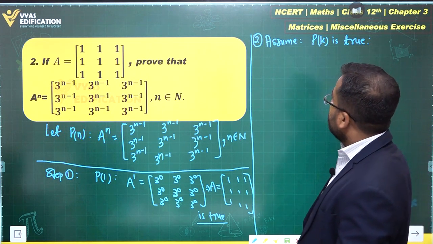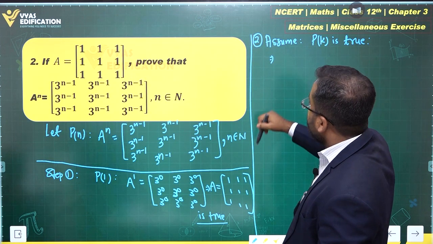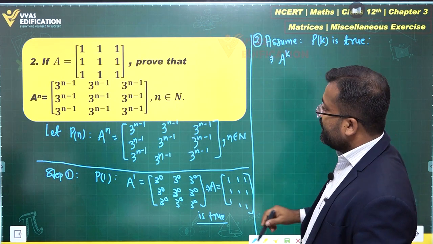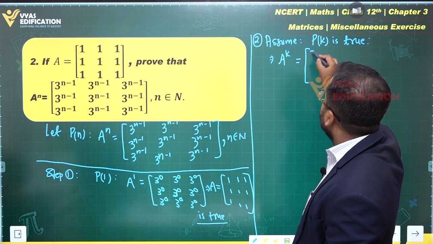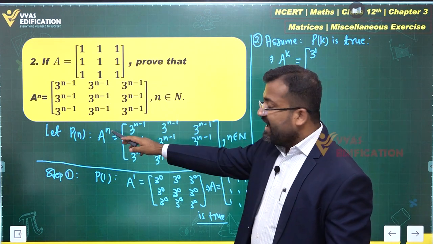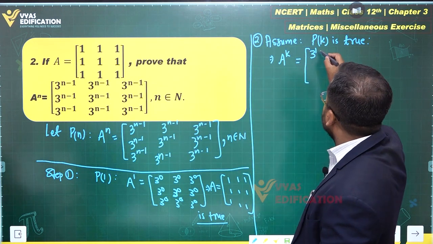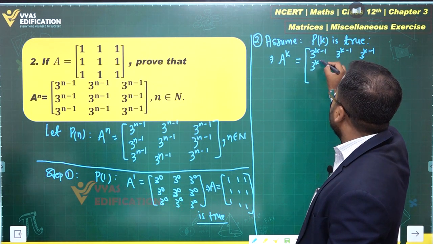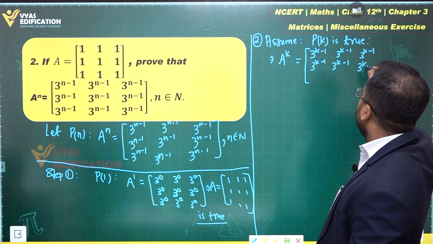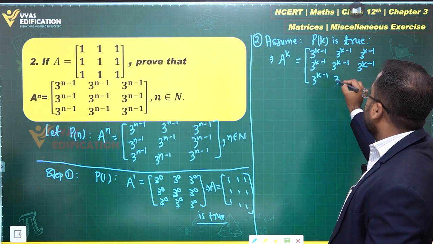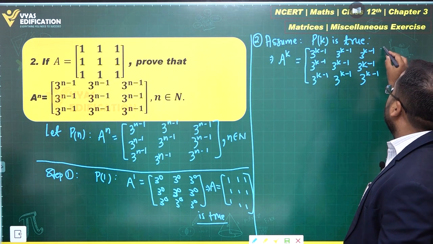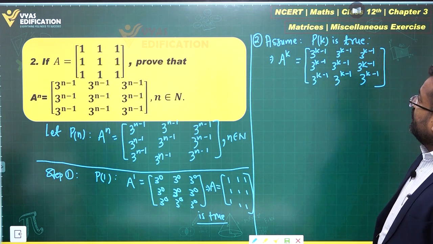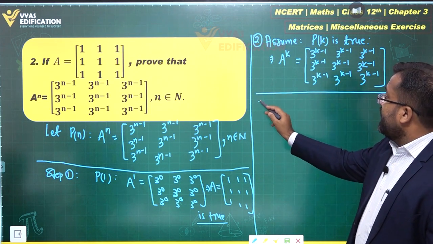That implies that A power k, substituting k instead of n, is equal to the matrix with every entry 3 power k minus 1. That's all that we have: A power k is equal to this. Once we have assumed this, it is time to apply step 3.